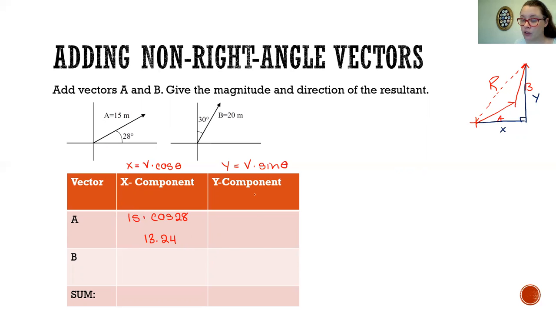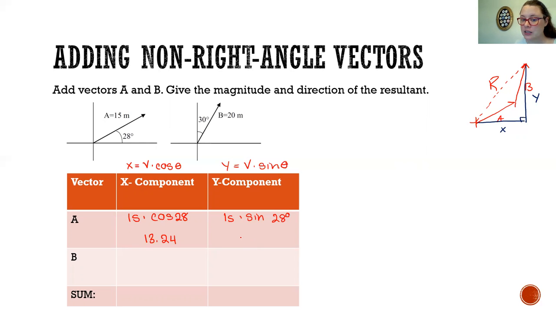for the length of the vector. I've kept extra decimals when I was calculating these, so I'm going to leave them just because it may impact rounding in what I've written for a final answer. You should be very close. Y, I'm going to do the same thing, 15 times the sine of 28 degrees.